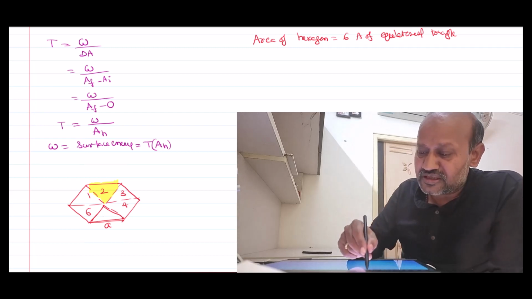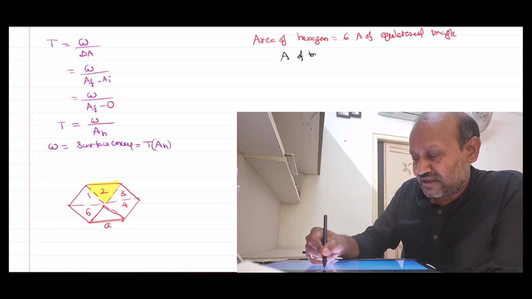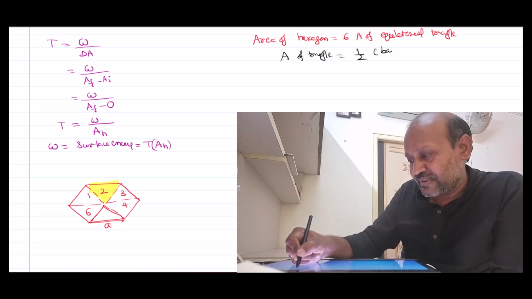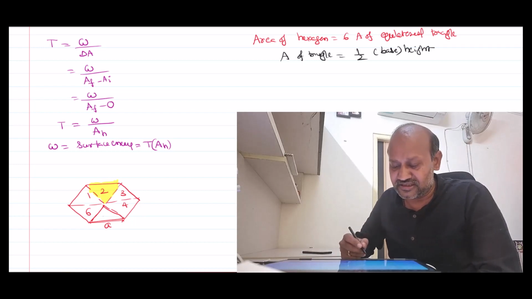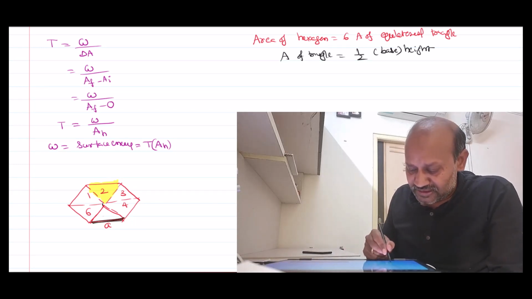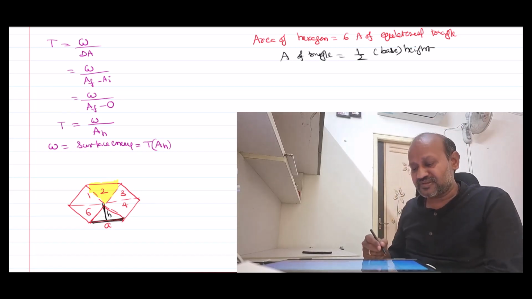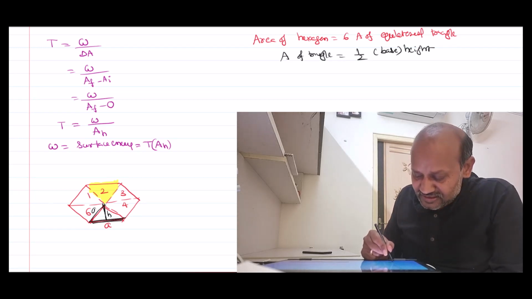What's the formula for the area of a triangle? You must have learned it in school: half times base times height of that equilateral triangle. The base is very clear, that is A. But I need to find out how much this height h is. This side is also equal to A. I want to find out this h.